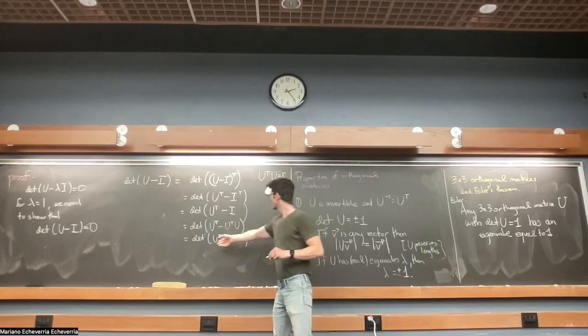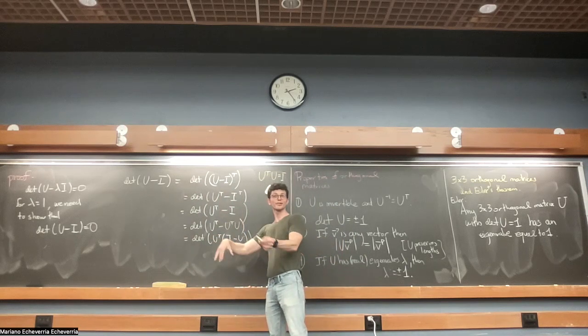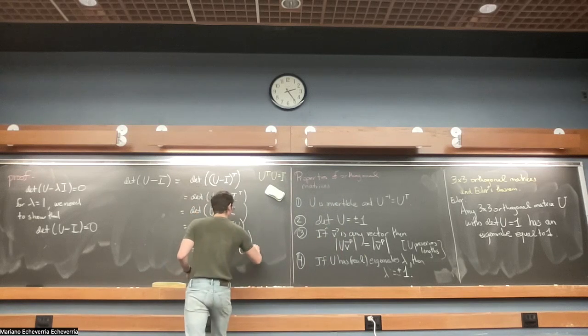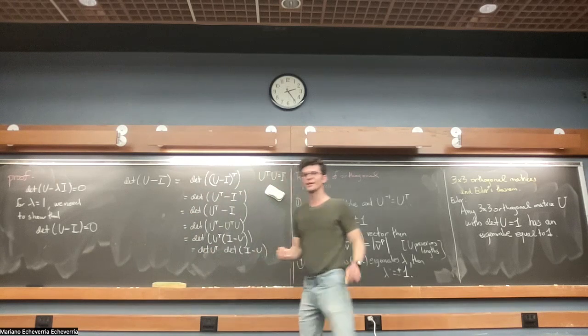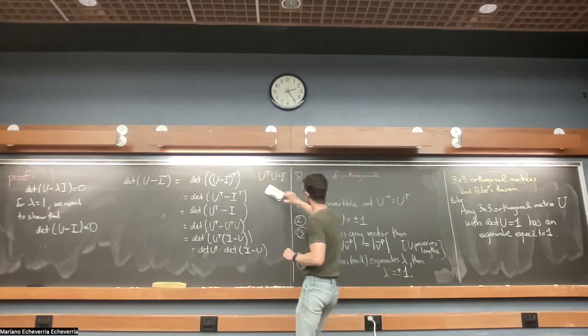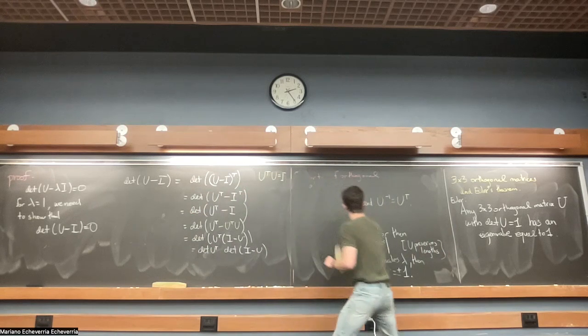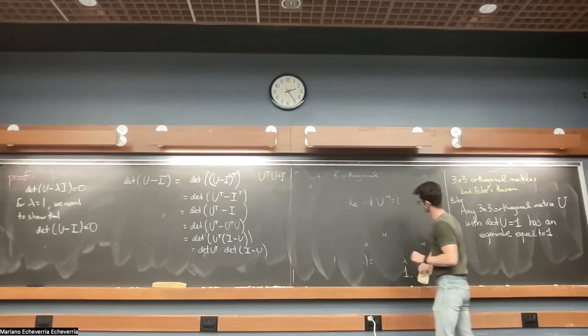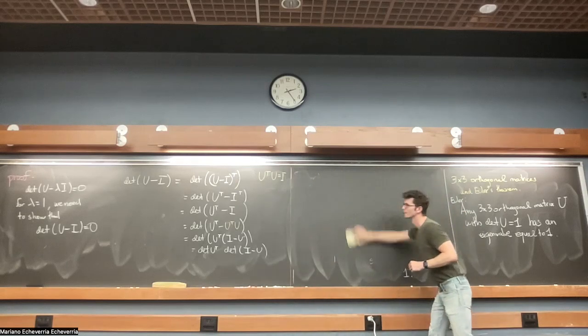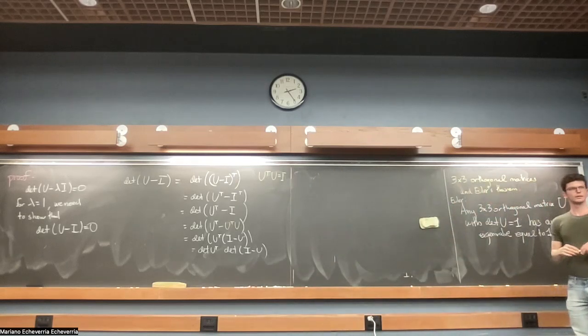And for a product of matrices, the determinant of a product is the product of the determinants, right? So this is the determinant of U transpose times the determinant of I minus U, right? Does that make sense?